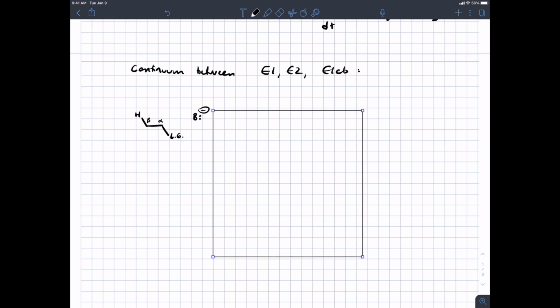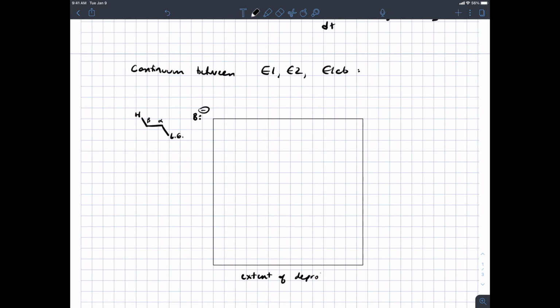I hold it down and it makes a lovely square for us. So on the x-axis we have extent of deprotonation. This has been called alpha before at various times. And then on the y-axis we have extent of leaving group departure.